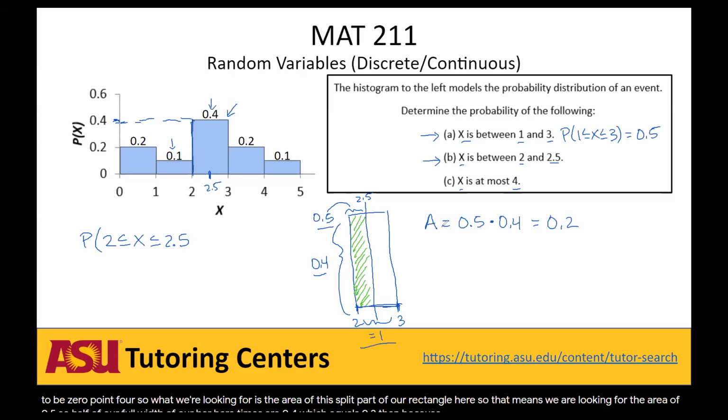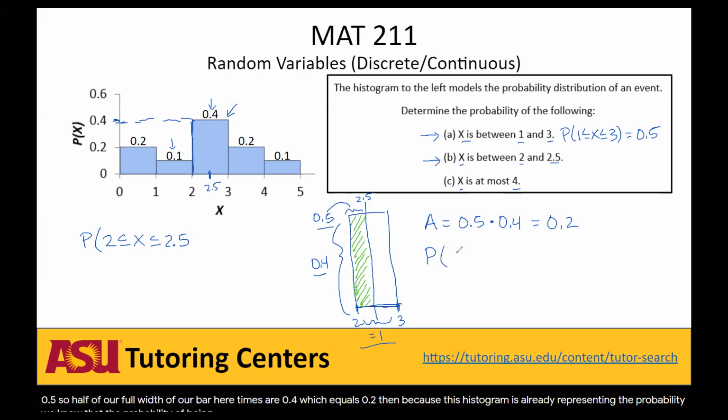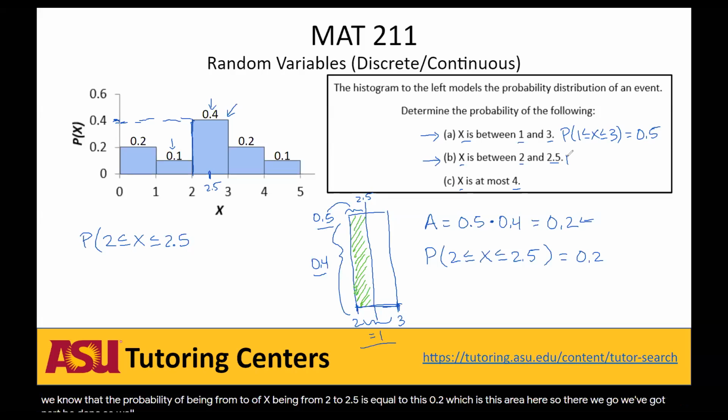Because this histogram is already representing the probability, we know that the probability of x being from 2 to 2.5 is equal to this 0.2, which is this area here. So there we go, we've got part B done. We'll write that up here as well. Probability of being between 2 and 2.5 is equal to 0.2.